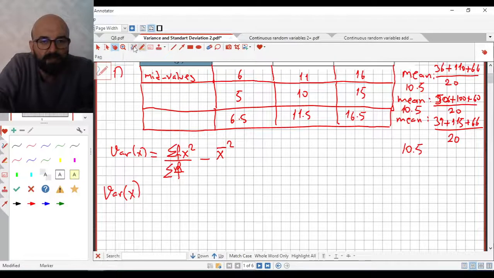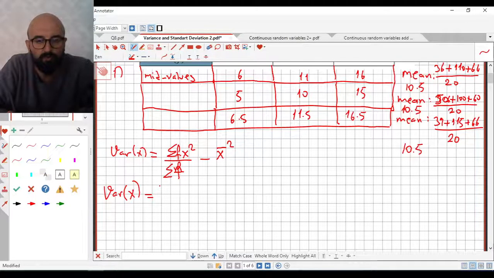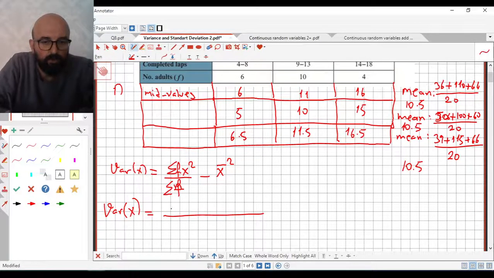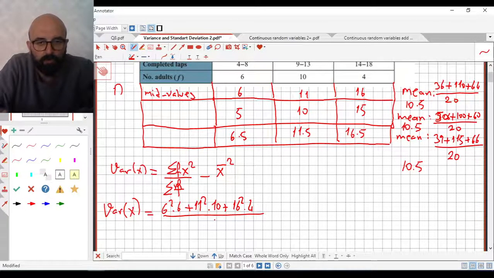So you can easily see the same values of variances. In this section, the mid values: 6 square multiply 6, plus 11 square multiply 10, plus 16 square multiply 4, and the sum of frequency 20, minus 10.5 square.